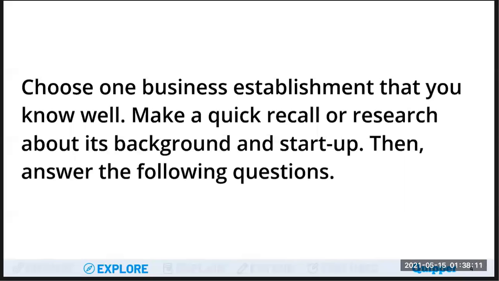Okay. So yun, isa sa mga naiisip kong business, hindi naman siya ganun kasikat, pero at least, alam ko tong business na to. Isa siyang cosmetic na business.